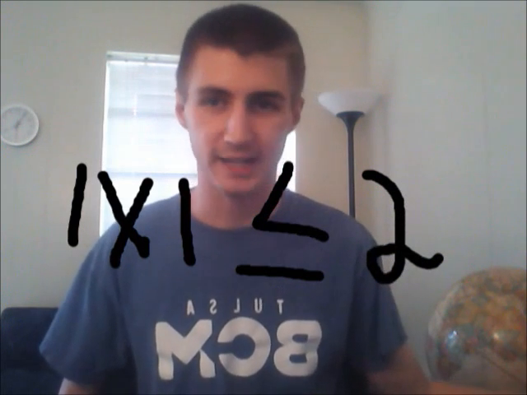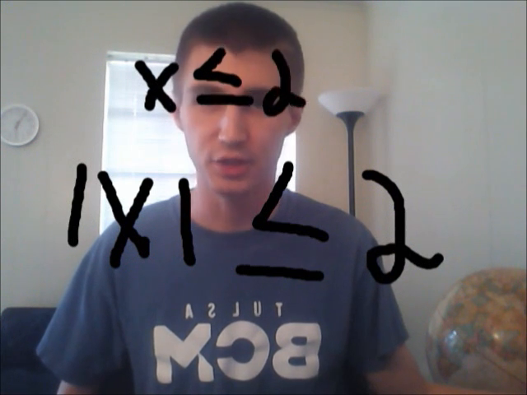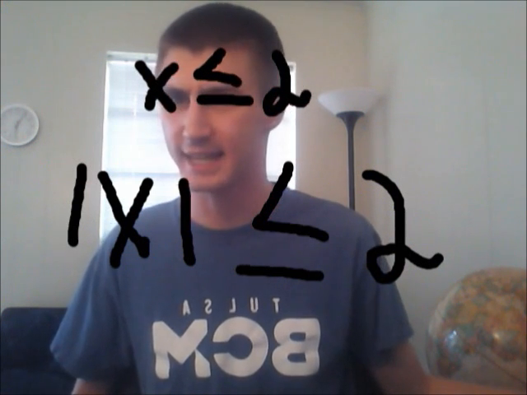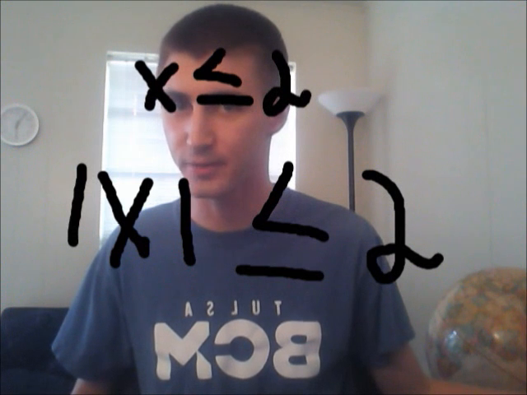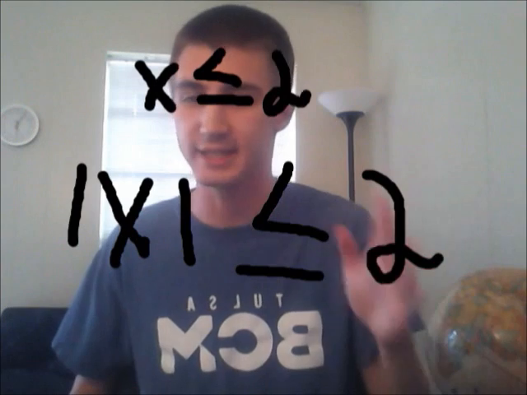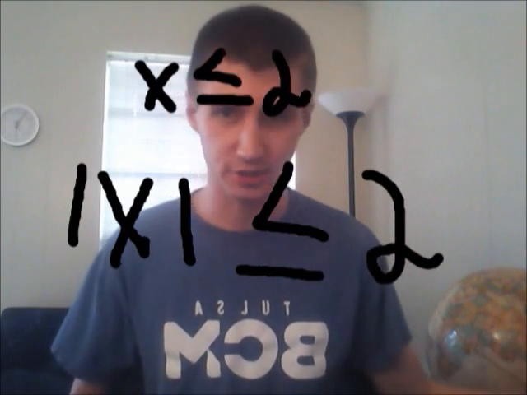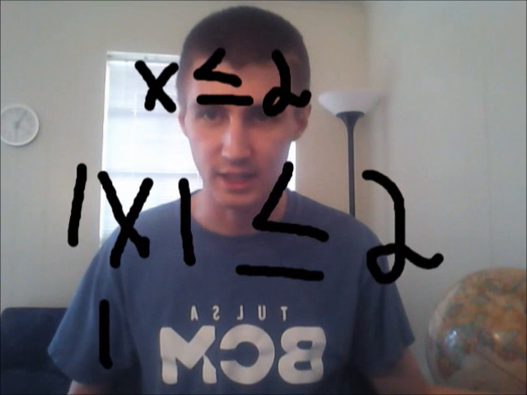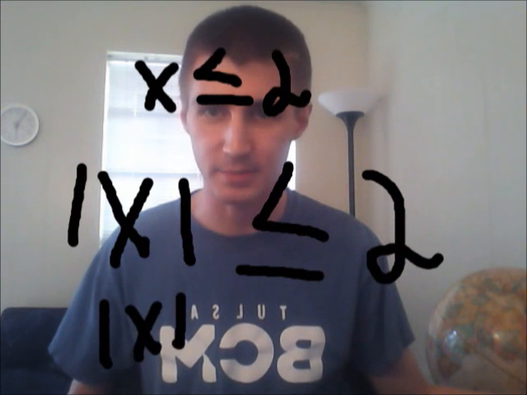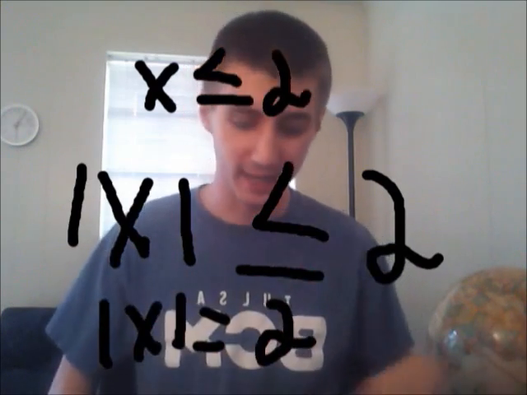If we were to take this by itself as x is less than or equal to 2, we would basically be saying that every number 2 and below on the number line, whether that be 1, 0, -2, etc., it could be x. Alternatively, if we're saying the absolute value of x equals 2, we could be saying either -2 or a positive 2.